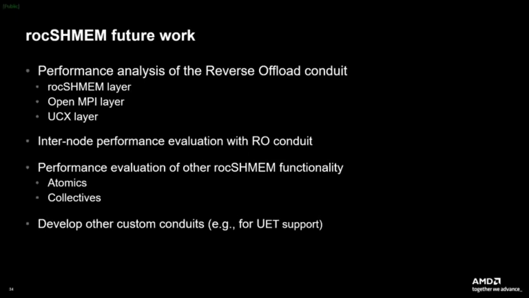It's basically on our to-do list. Also, we plan to look at the internode performance with the RO conduit as well. And there are a number of other functionalities from the ROCmem library that need to similarly be evaluated. Okay, that's it from my side.